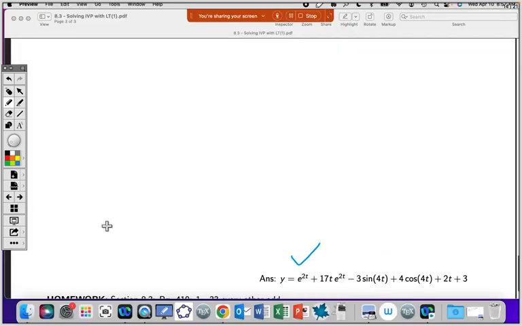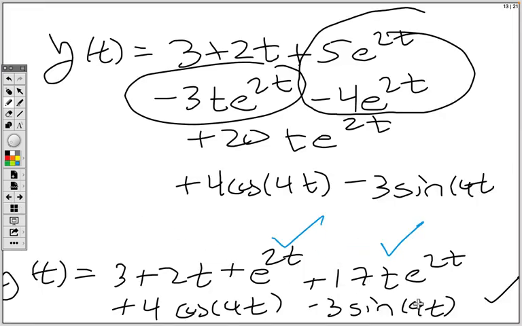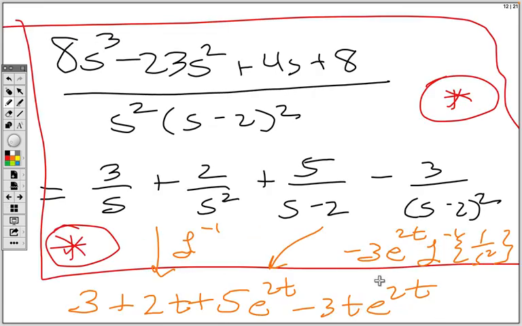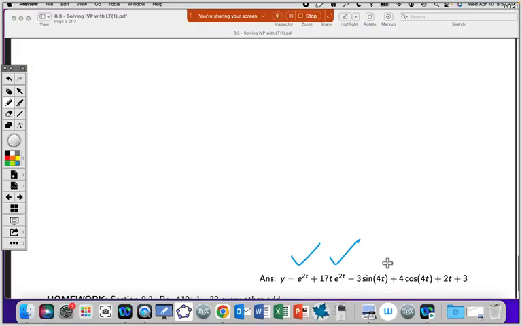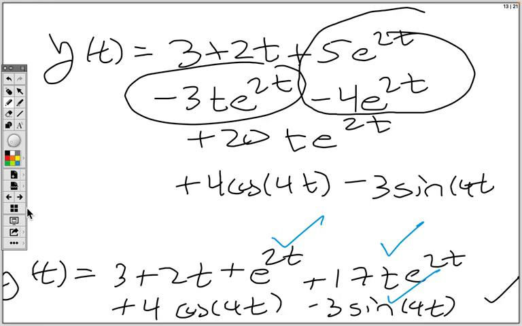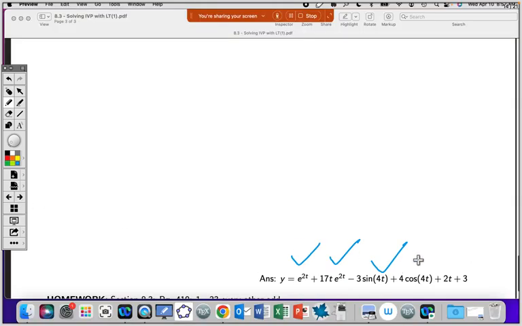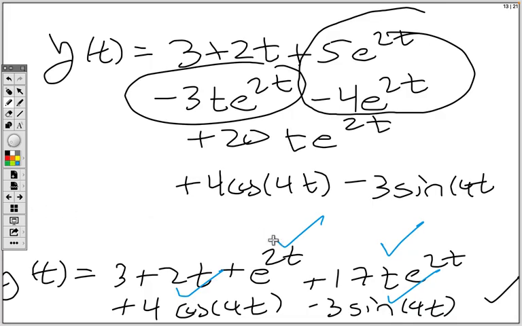There we go. Minus 3 sine of 4t. There we go. Plus 4 cosine of 4t. There we go. And then 2t plus 3.